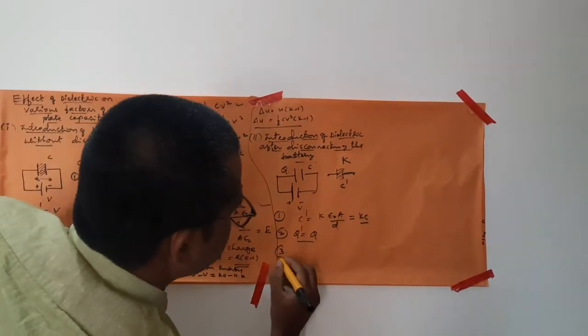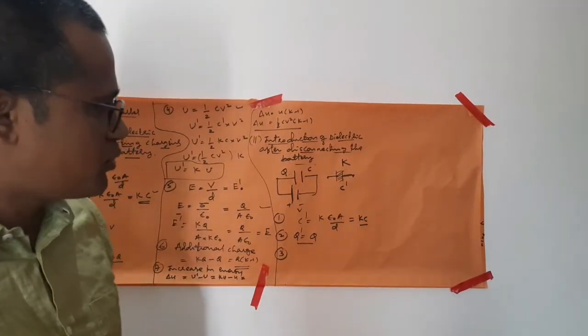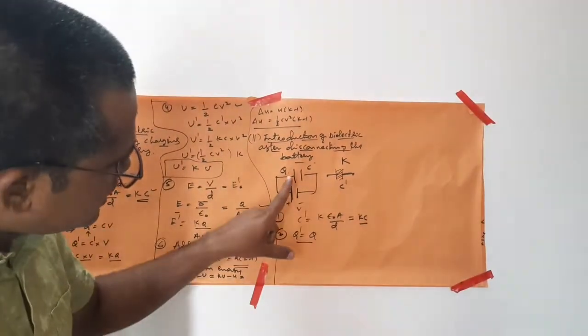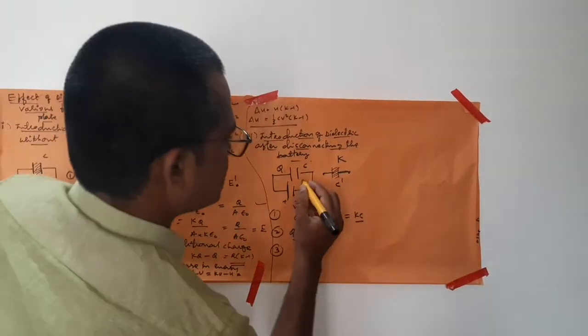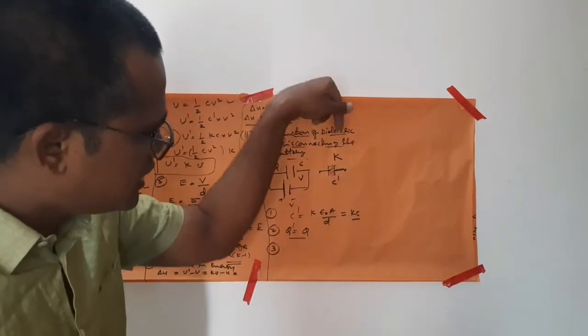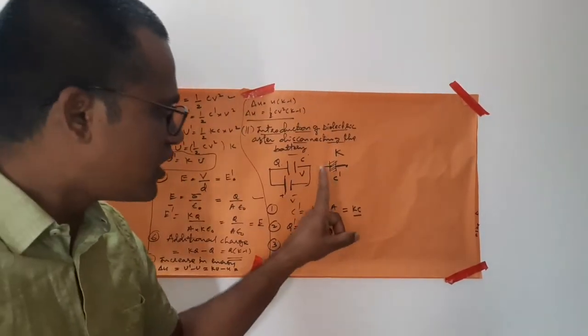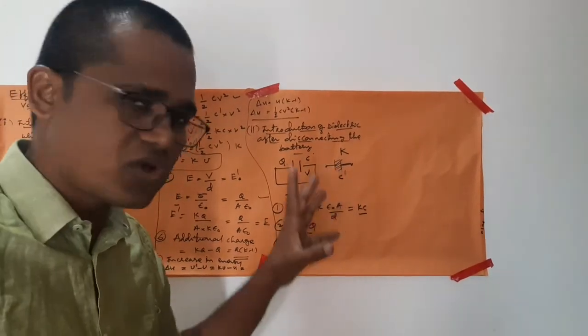Now the third case: what will happen to the voltage, the potential difference here? Here the battery was there, and let the initial potential difference be V. Now when the battery is disconnected and the dielectric medium is introduced, what will happen? There will be arrangement of dipole molecules.